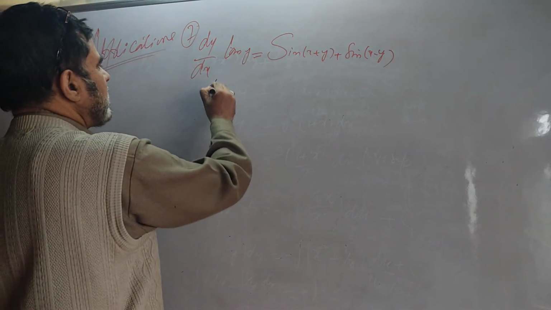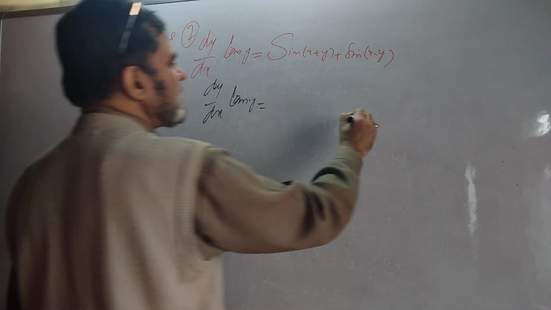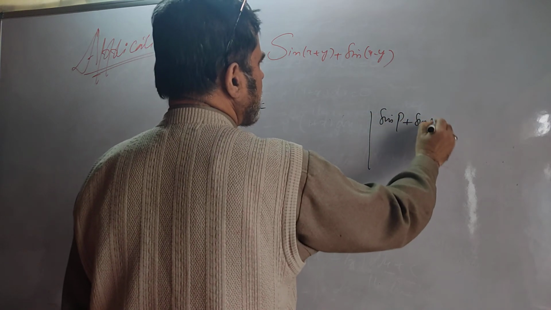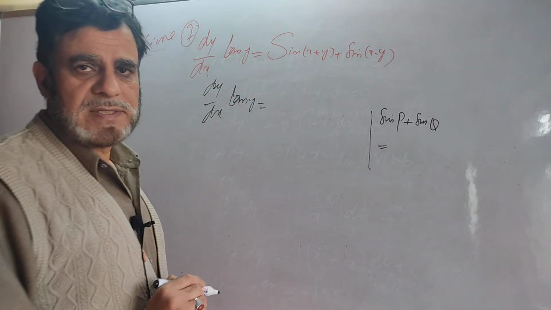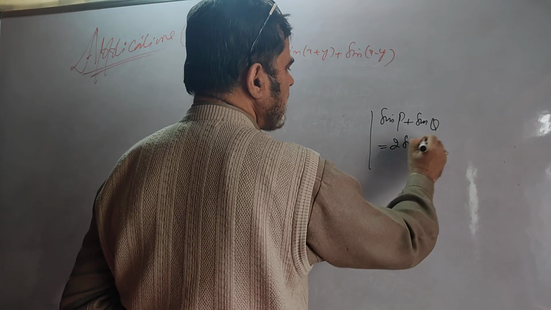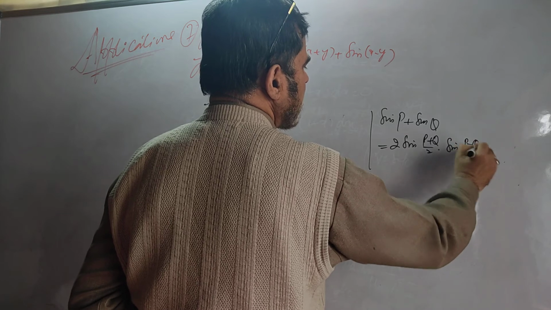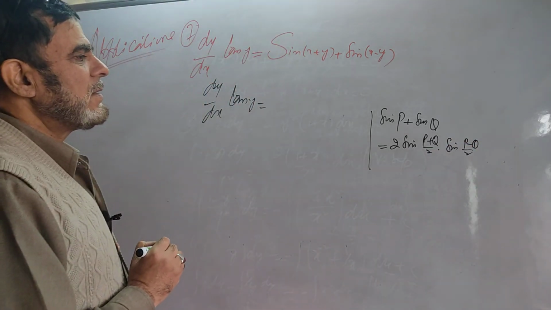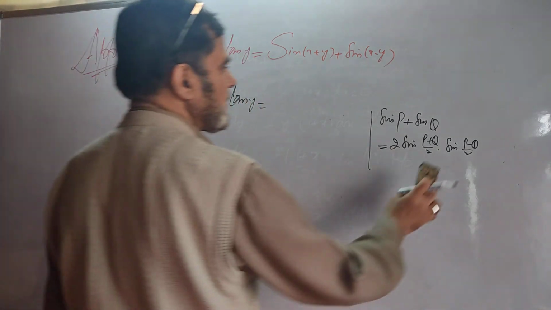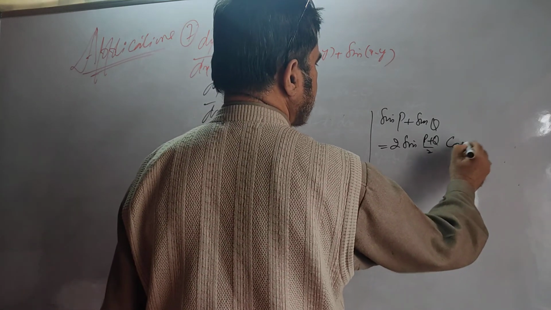This I can write dy by dx tan y is equal to, using this formula you know from your lower classes, sin p plus sin q. Do you remember what it is? It is twice sin of (p plus q) by 2 into cos of (p minus q) by 2.